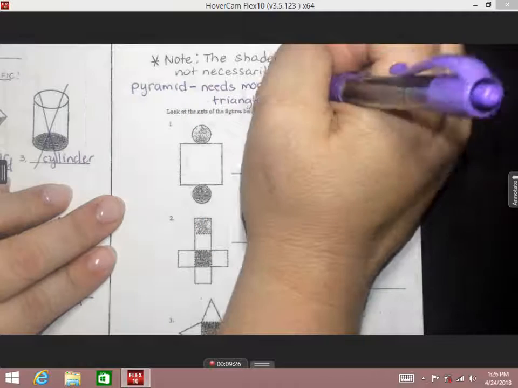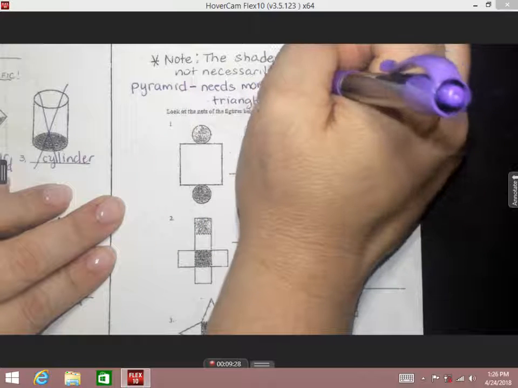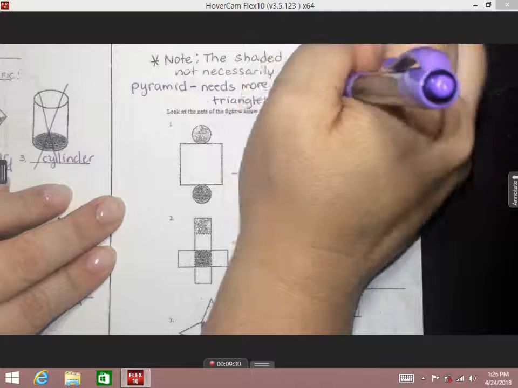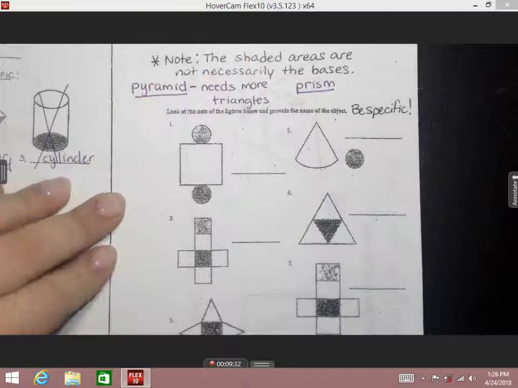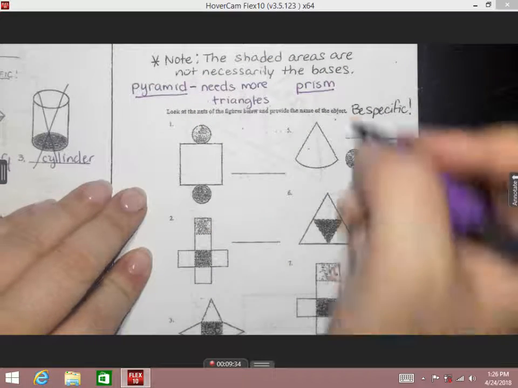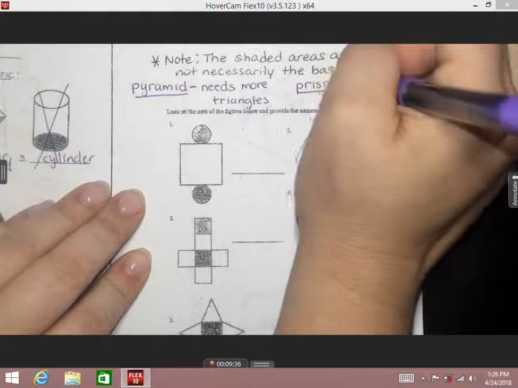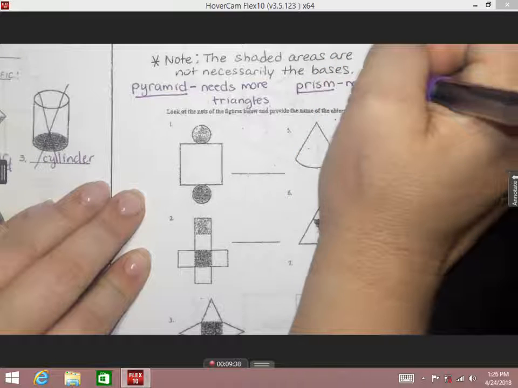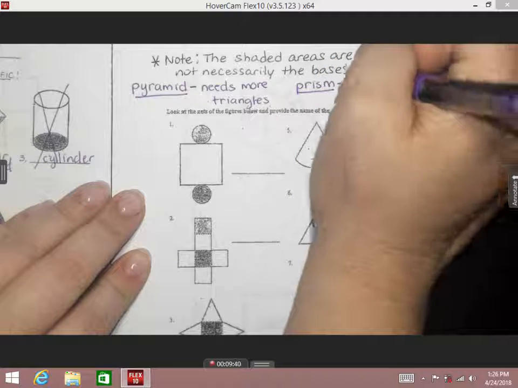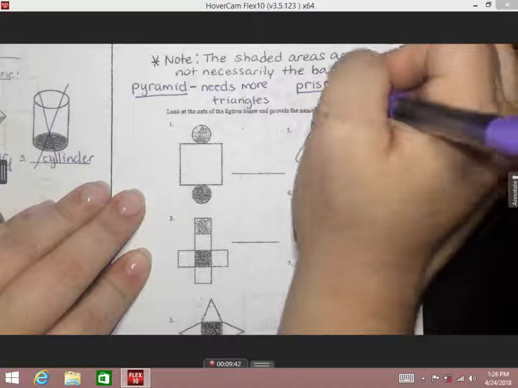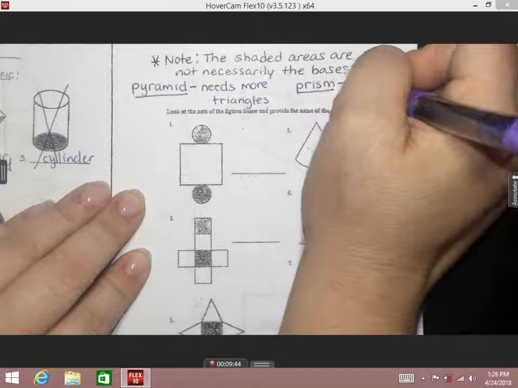If I unfold it, and it has a bunch of rectangles, it's a prism.